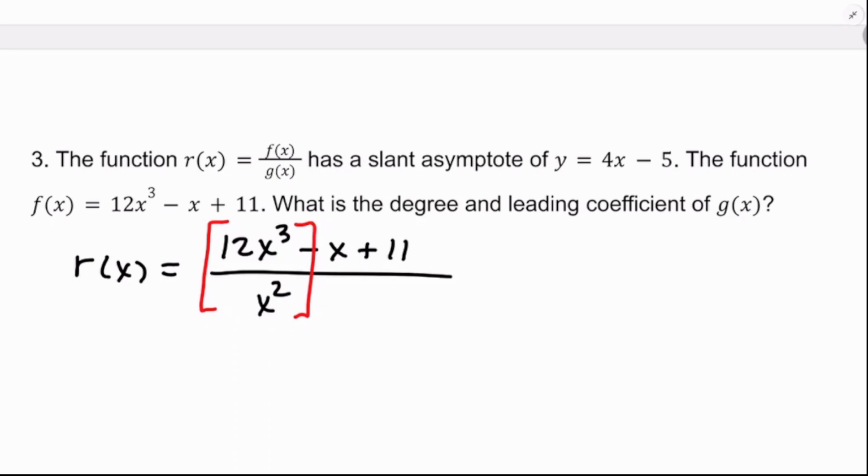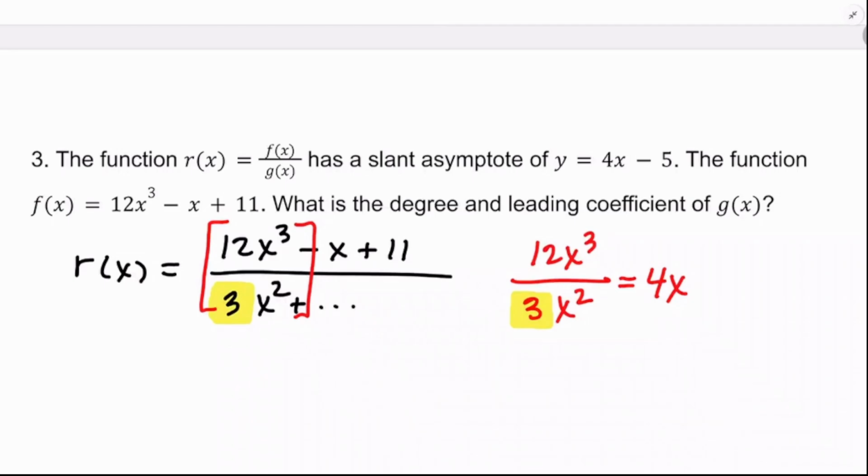So basically 12x cubed divided by some number of x squareds needs to equal 4x. Right, that's our idea here. It looks like we're going to need to divide the 12 by a 3 to get that 4x. So I'm going to put the 3 in there, and as a result, I know that I'll have g of x being 3x squared plus some other stuff.